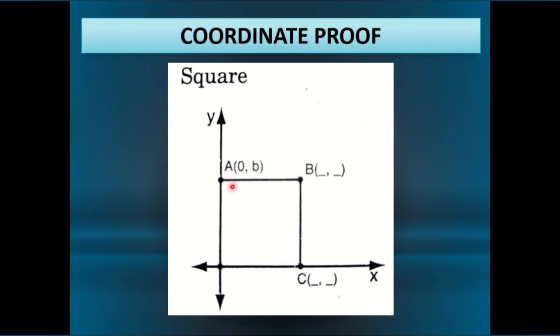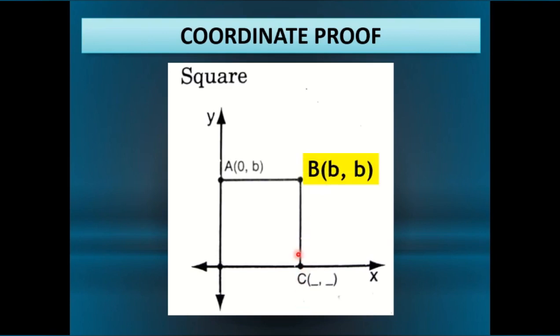And then for point B, since we form a horizontal line, their y-coordinate will be the same. So our y-coordinate will become B, and for the x-coordinate, since this side is equal to this side, and the same thing with the other two sides, because in our square the four sides are equal in length, this one will become B also. So for point B, the coordinates are (B, B).